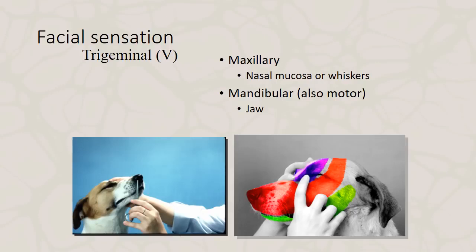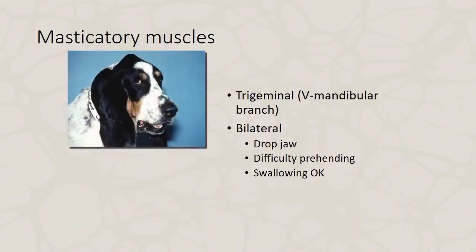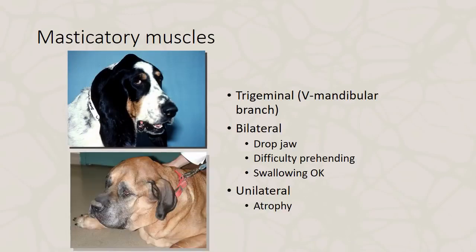So generally, you will see muscle atrophy, or if there's bilateral mandibular branch involvement, you can actually see their mouth hanging open, as in this patient here. And then the patient in the lower picture, you can see that there's more severe muscle atrophy present.